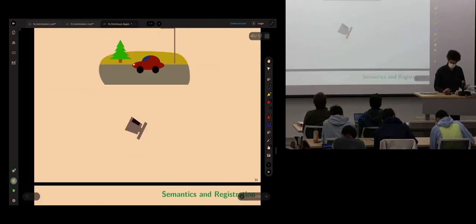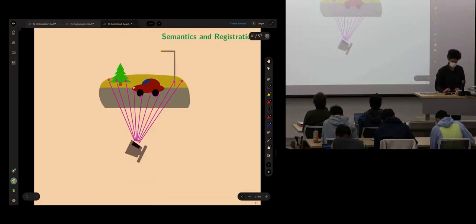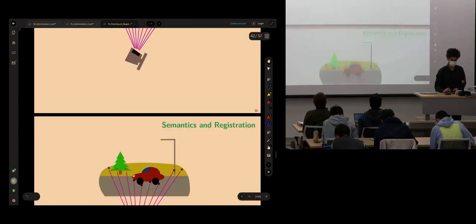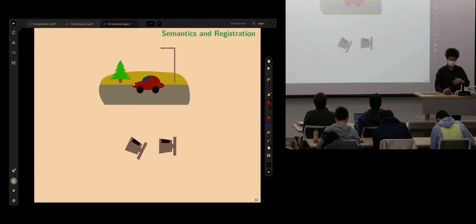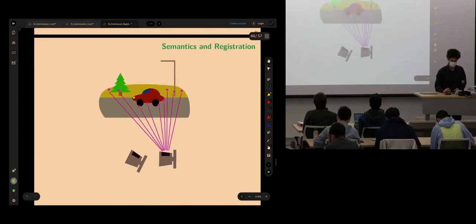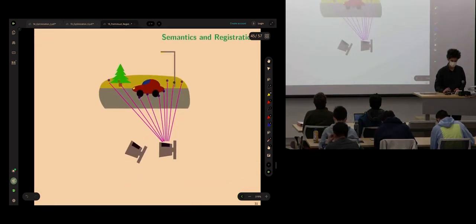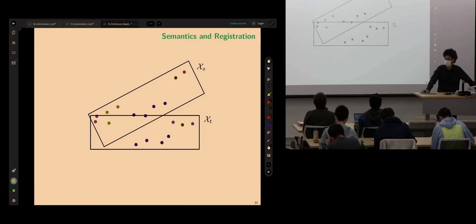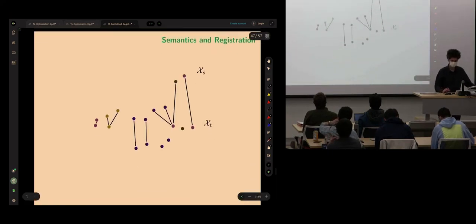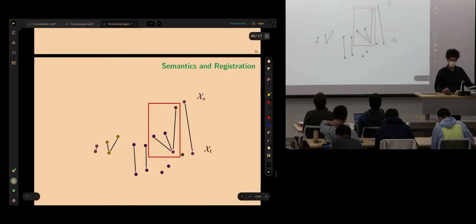So the idea is simple. The points are labeled by their category in the scene. Therefore, if I want to move the sensor, the Lidar, and match two sets of categorized or segmented point clouds, I do not need to match points that do not belong to the same category.